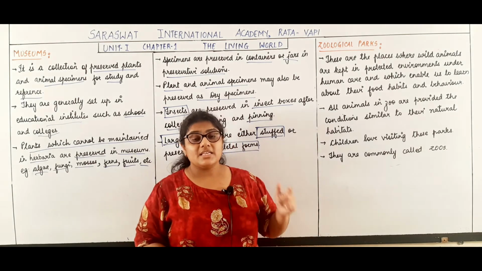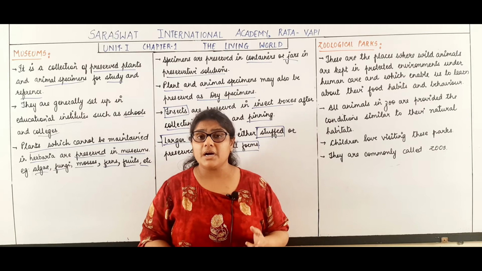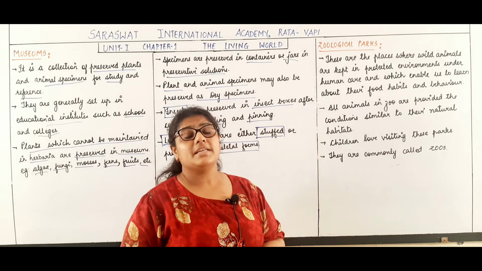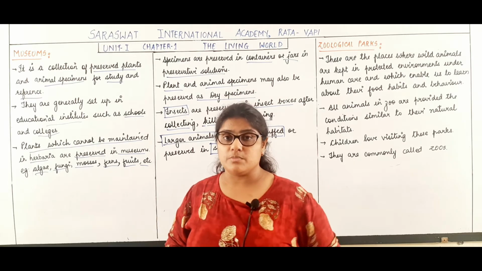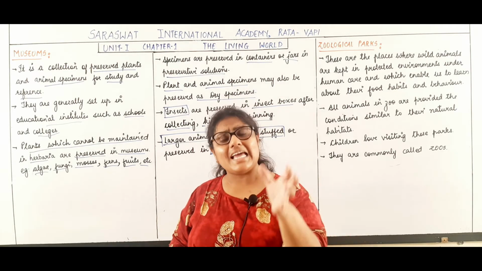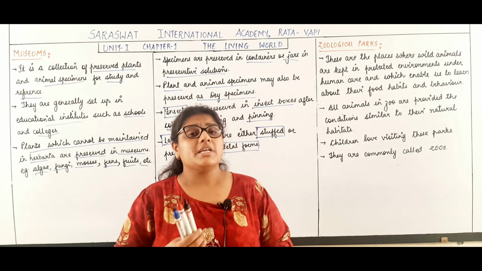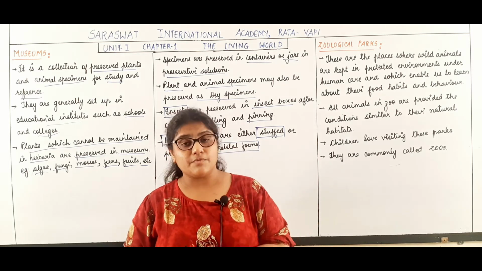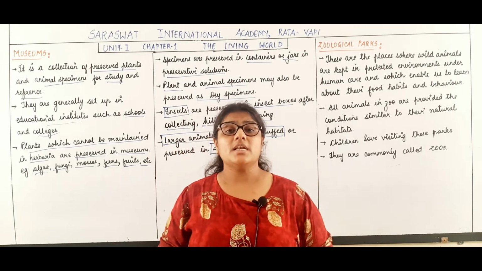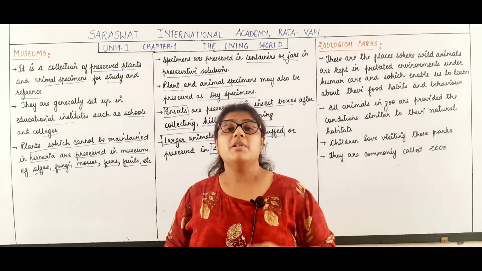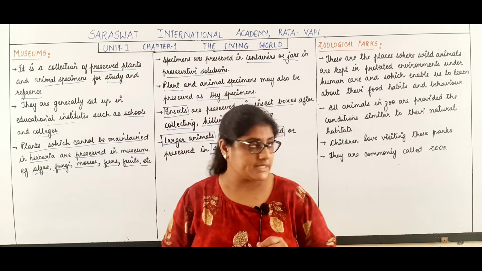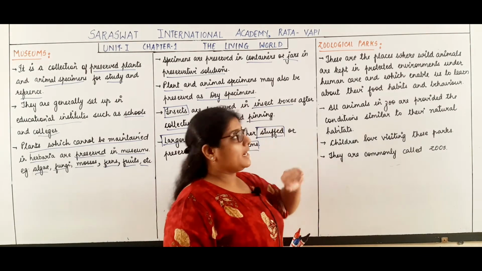Whereas in the zoological parks all the animals are maintained in their living forms. So basically the wild animals are kept in their living forms, and all the natural requirements of an animal will be provided in the zoological park.